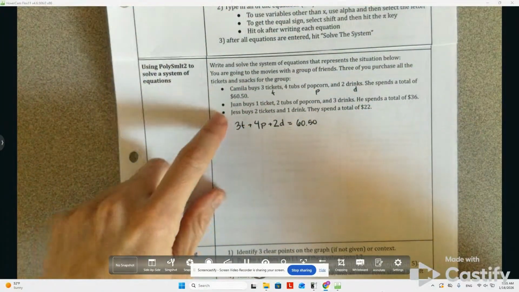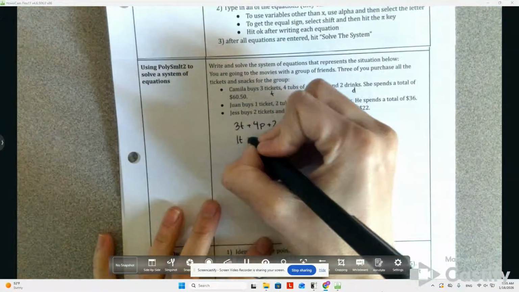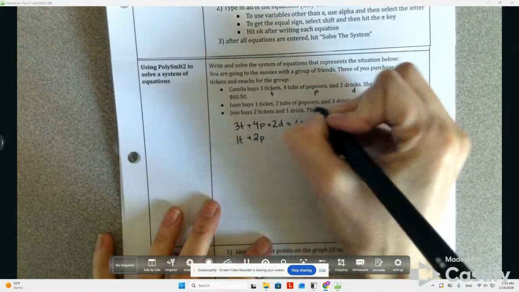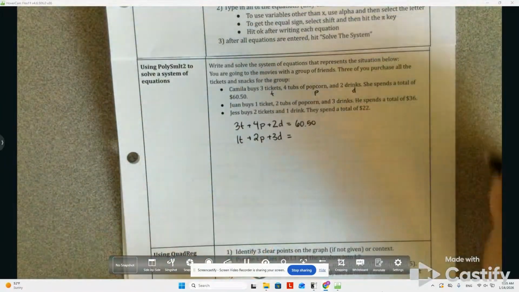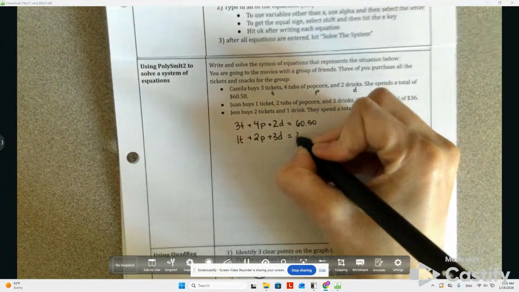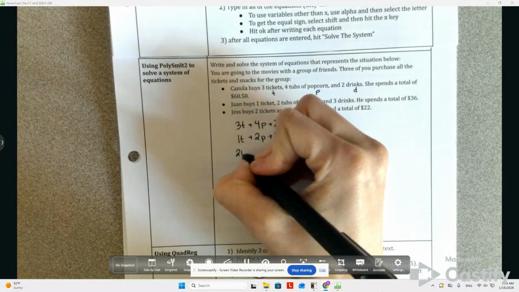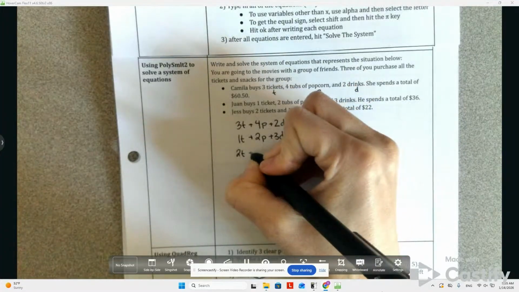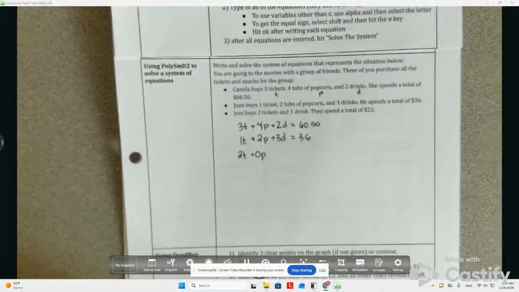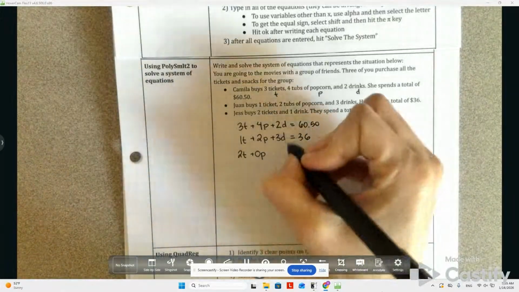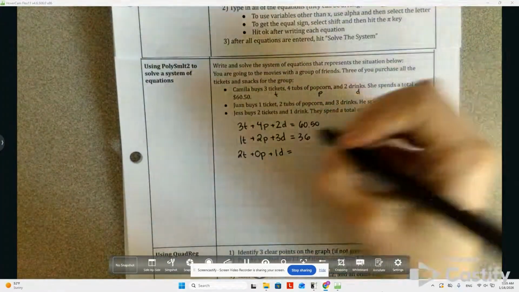Next, we've got 1 ticket, so 1t, 2p, and 3d equals $36. And lastly, we have 2t plus, I'm going to just say 0p, so we'll know what to put when we go into our solver apps. So 0p and 1d equals 22.